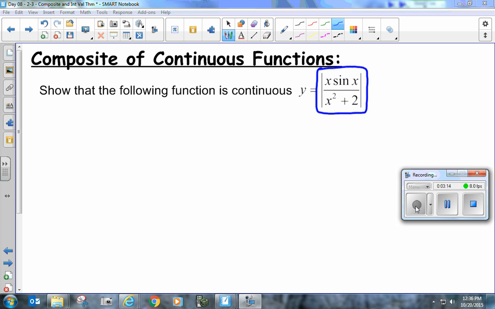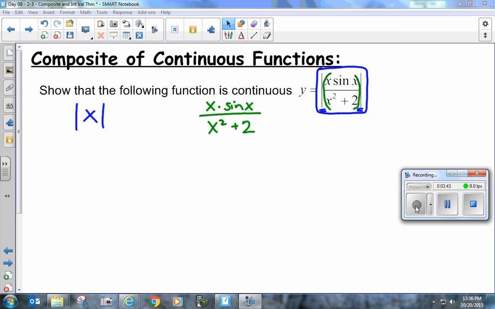I have the absolute value function here, so one of my functions is the absolute value of x. The other function is what gets put inside the absolute value, so it is x times the sine of x over x squared plus 2.